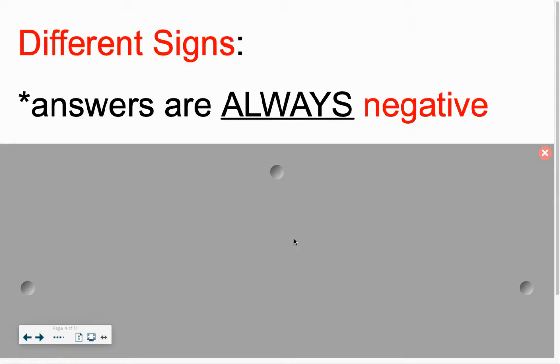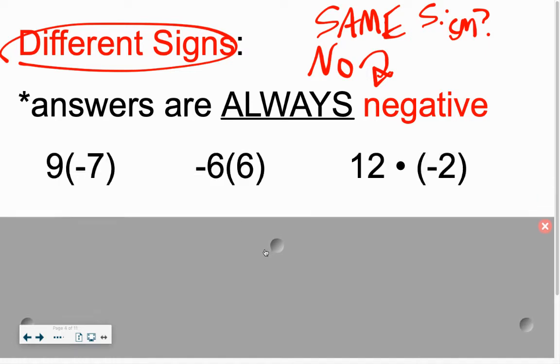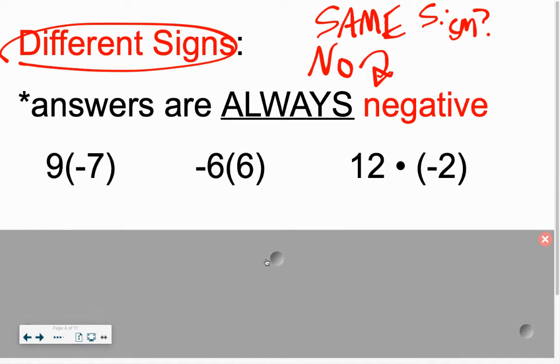So we have different signs. So we're going to always ask ourselves this question: do they have the same sign? If we answer no, then the type of number that we need is a negative. Here's what we mean when you look at the examples. Once again, because it's our notes, please put that time sign between the 9 and the parentheses. You can use the 7 trick, or the 9 trick rather, if you want to see that.